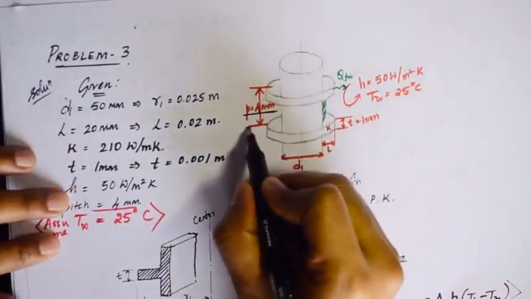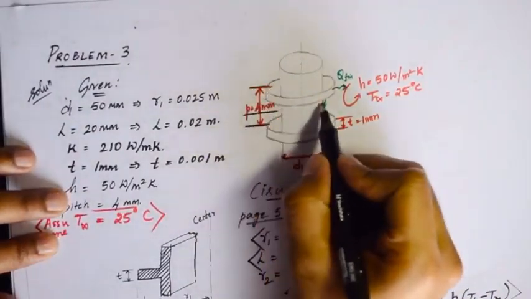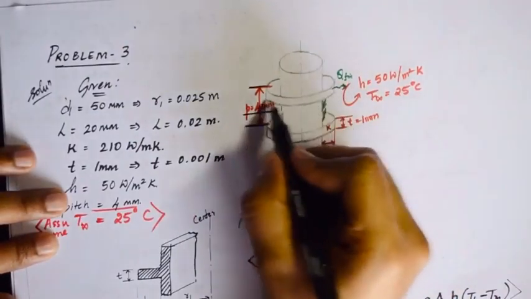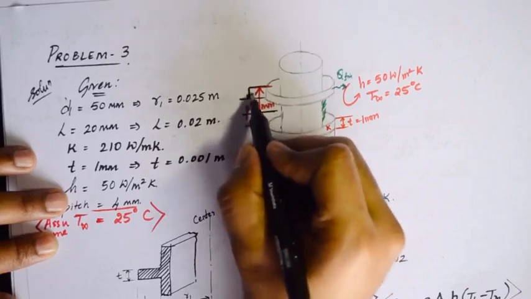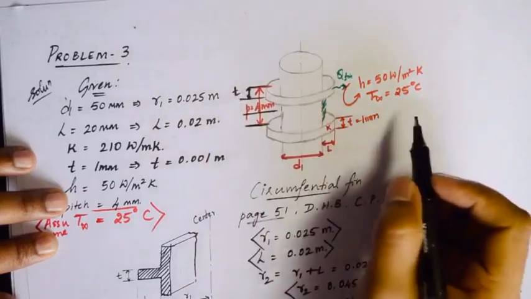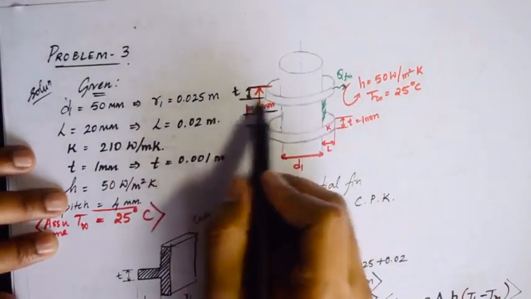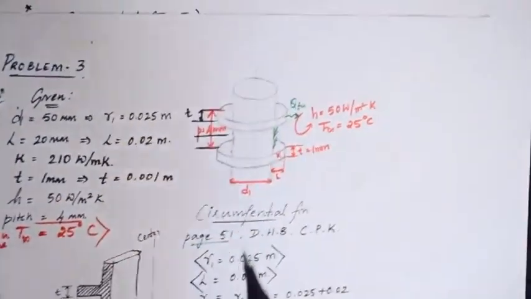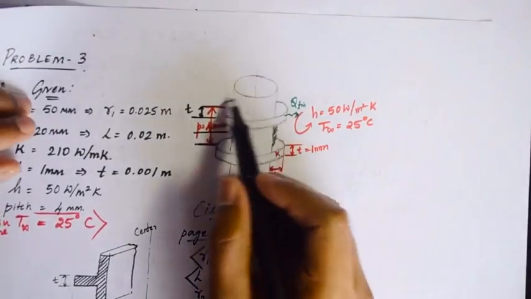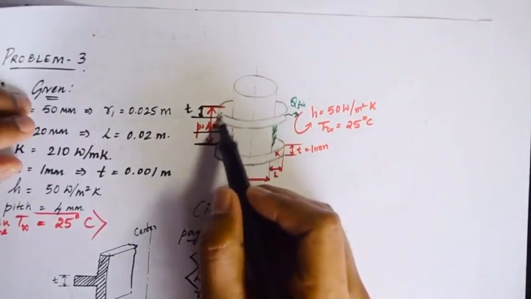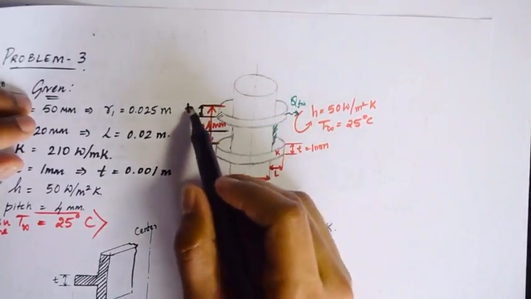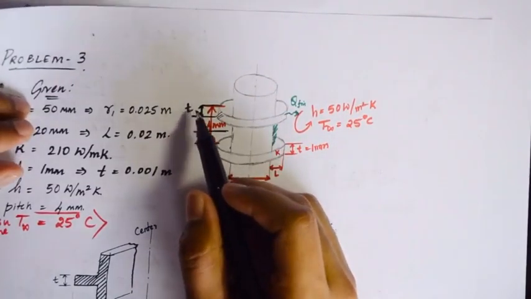So if you consider the length of that pitch, that is from this point to this point, we have this surface area exposed to the surrounding, and at the same time we have to subtract what is already present here, that is the thickness of the fin, right? So since this is also circumferential, the formula for the area covered by this fin on the bare cylinder is going to be again 2 pi r1 only, but it is going to be for a height of t, right?